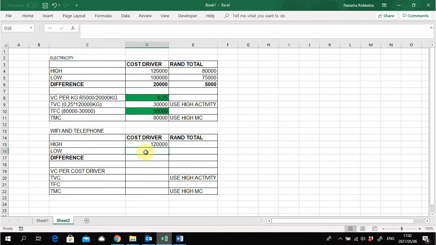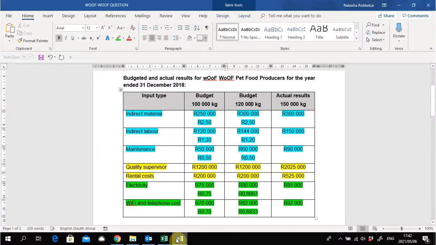The lowest one was 100,000 kilograms. Then the Rand value in terms of Wi-Fi, the highest one was 82,000. And the lower one of the budget was 70,000. And again, I am reading this from the question, so these are the amounts that I am working with.